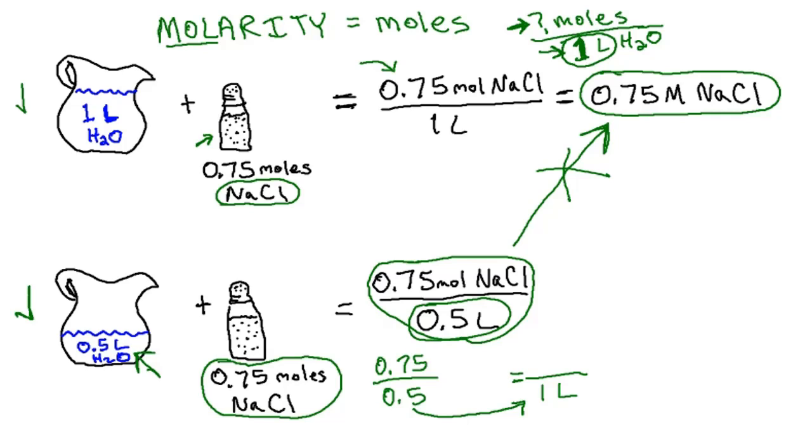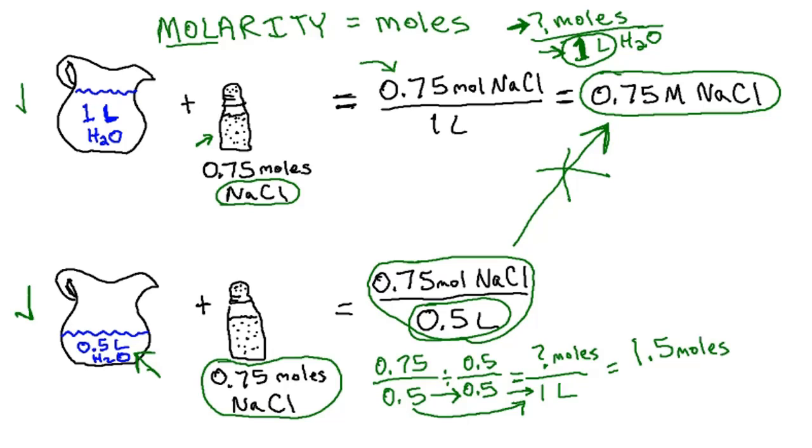And then we need to find out how many moles would go into 1 liter of water. So in order to do that, we're going to divide both the top and the bottom by 0.5, because 0.5 divided by 0.5 is 1. So that gives us 1 liter. And what we do on the bottom, we have to do on the top. So 0.75 divided by 0.5 is 1.5 moles.